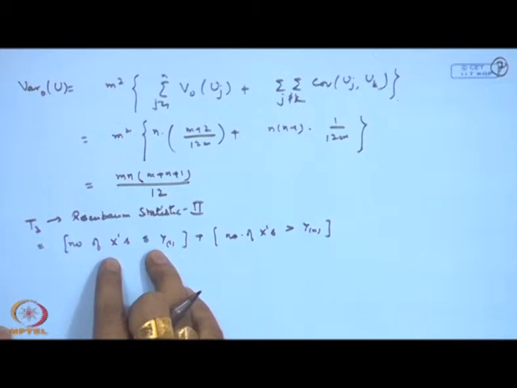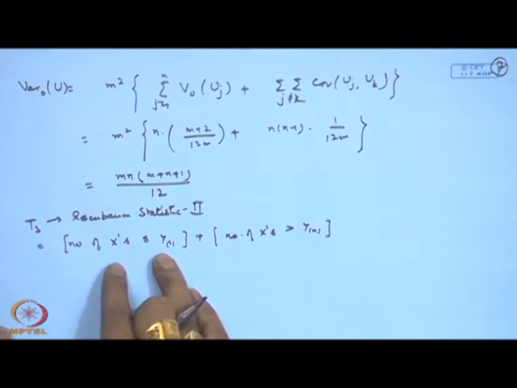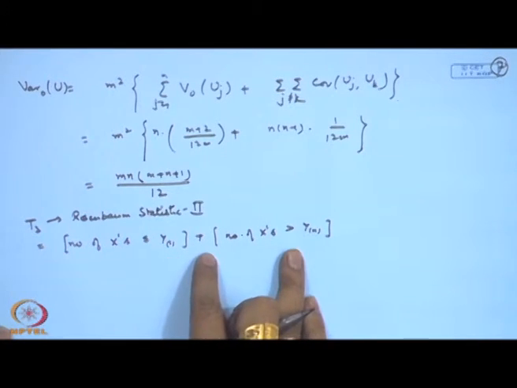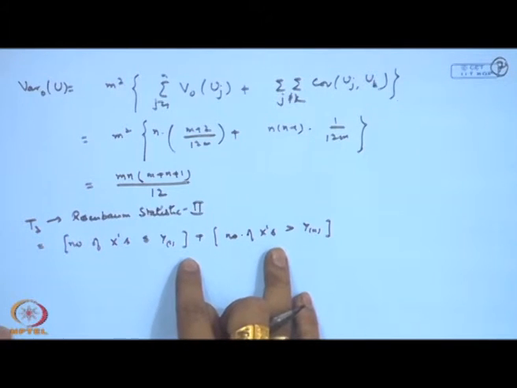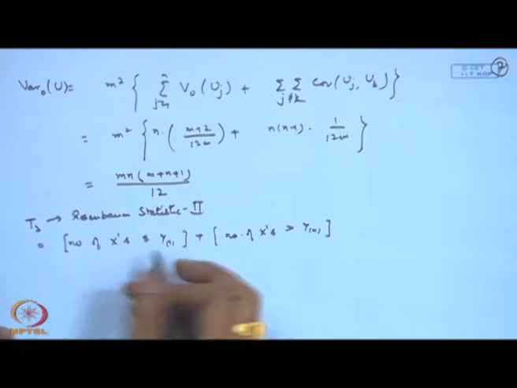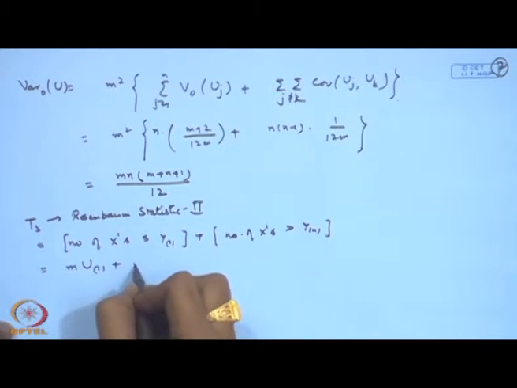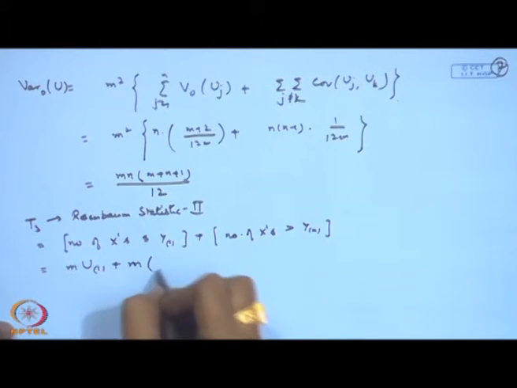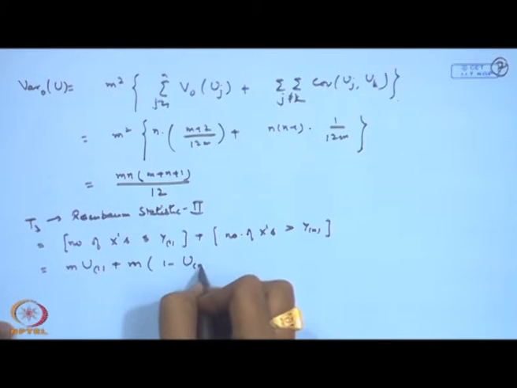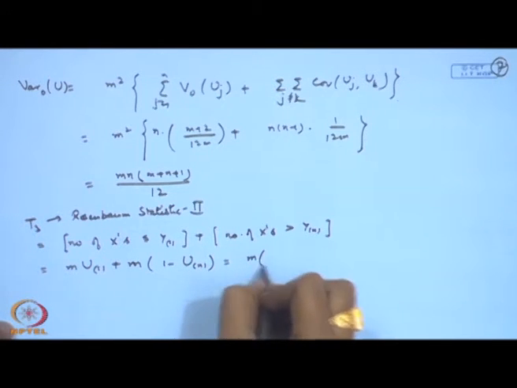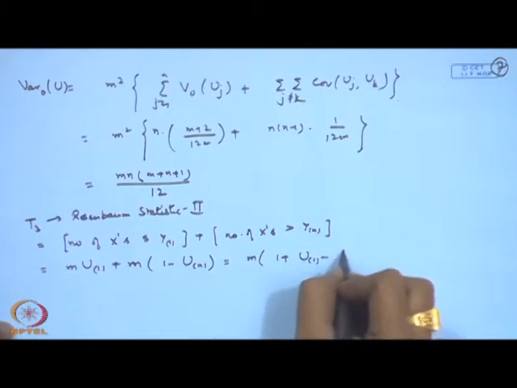For example, if there are more x's which are outside of y 1 and y n, then certainly it means that the variability of x will be more than the variability of y's. So, this can be written as m times U 1 plus m times (1 minus U n), that is, m times (1 plus U 1 minus U n).